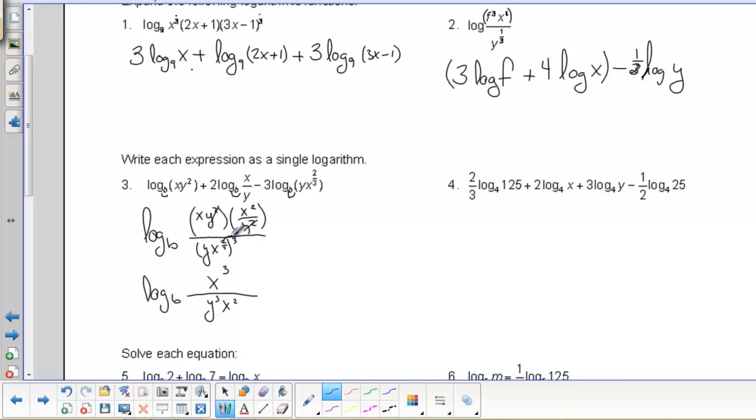Remember your properties of exponents. Distribute that into both of those terms, and the 3 cancels with this 3 on the x, leaving only 2. The final step is to simplify my exponents. Log base b of x divided by y to the third power is my final simplified answer.